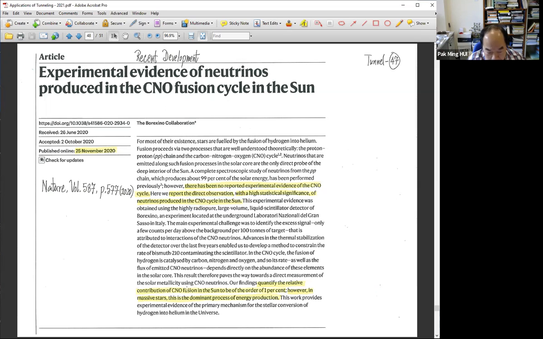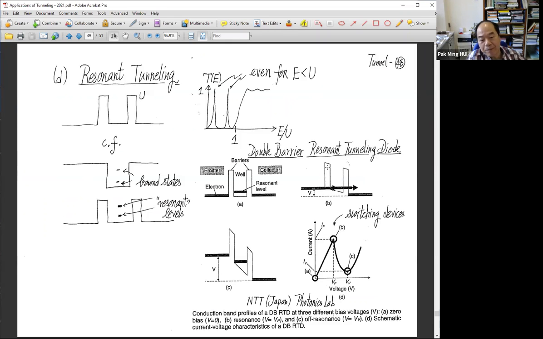And the conclusion is that this carbon, nitrogen, oxygen cycle accounts for 1% of the fusion in the sun. The remaining 99% is the previous PP cycle. So this is the latest development in this area.